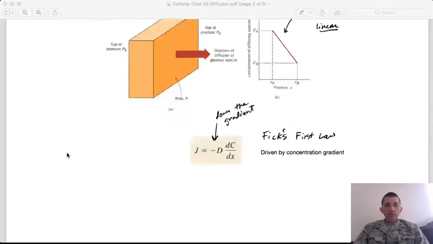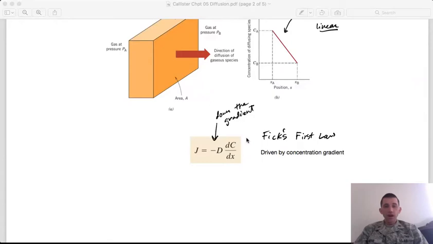And the steady state diffusion is represented by Fick's first law. So here we're looking at the flux of diffusion, so mass per time per area, being negative, meaning that it's going down the concentration gradient. And it's dependent upon the magnitude of that gradient.